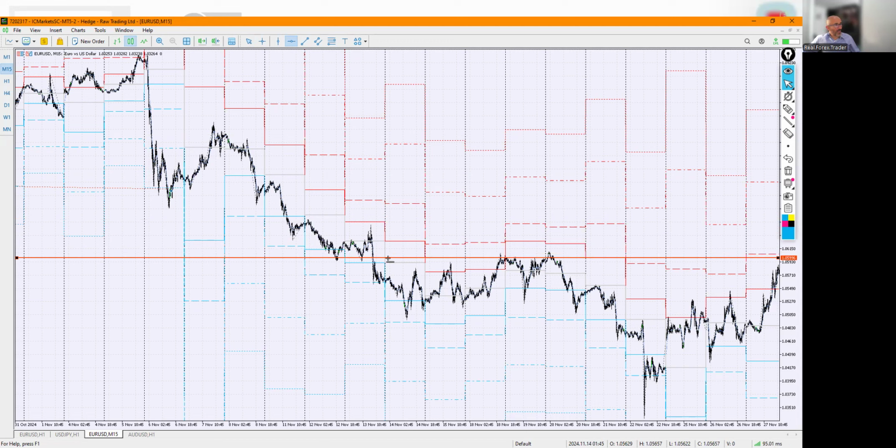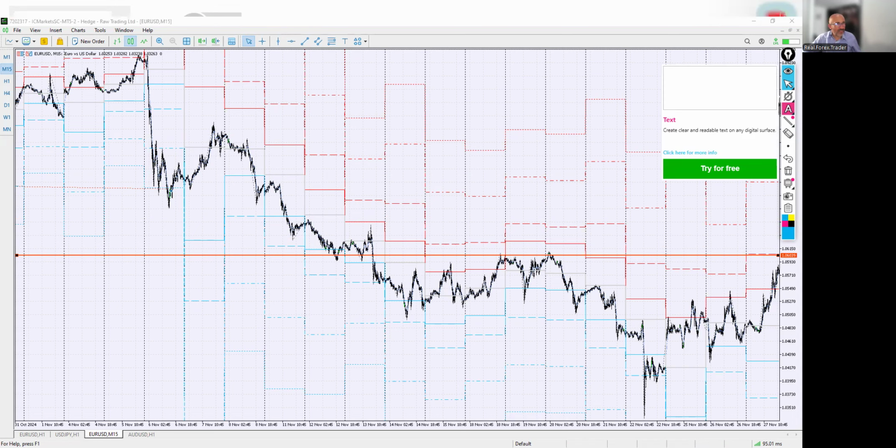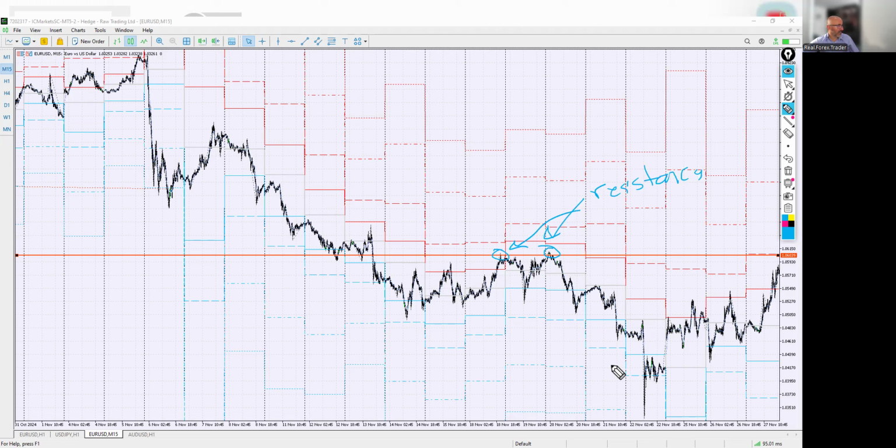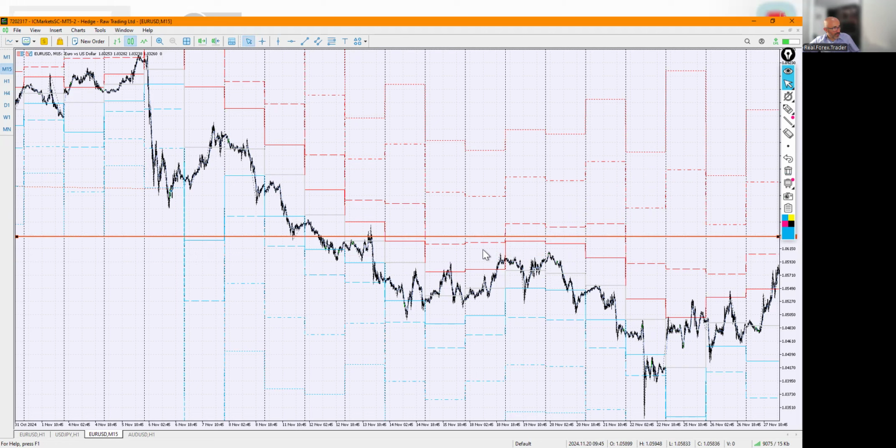If I place this horizontal line here, I can identify clearly that on this price there is a clear resistance, right here and here. How? Because the horizontal line shows me that the price hits here and cannot go up, so it keeps coming down. That is a resistance.